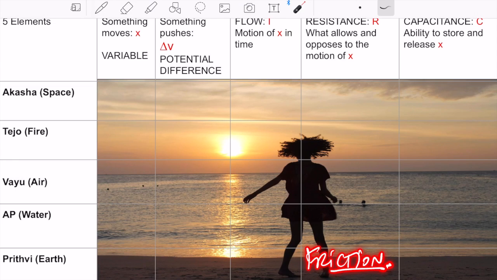Friction is what makes acceleration possible, but it's also the cause of decelerating, right? So friction is a very important concept in mechanics that has to do with resistance to motion.